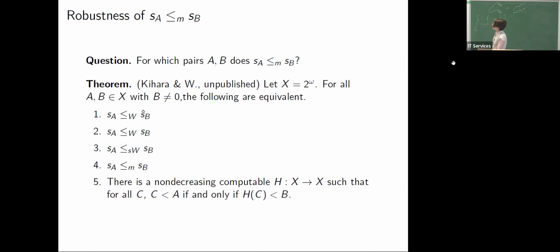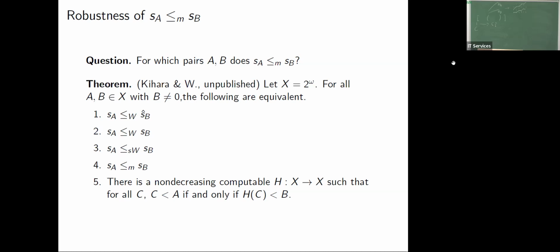I guess when it's Left-c.e., consider the case where B is computable. When it's Left-c.e., I have the ability to change this function to go down below A, but at A, it's still going to be equal to B.